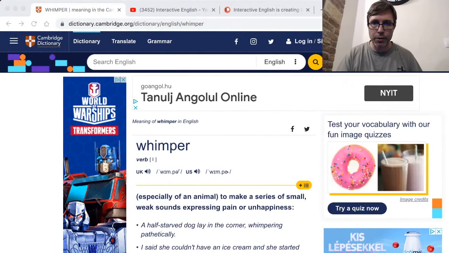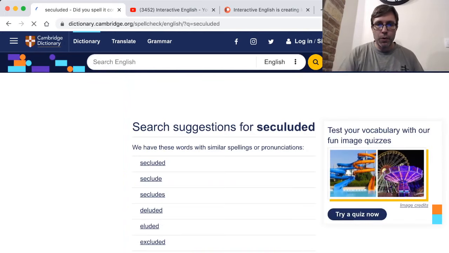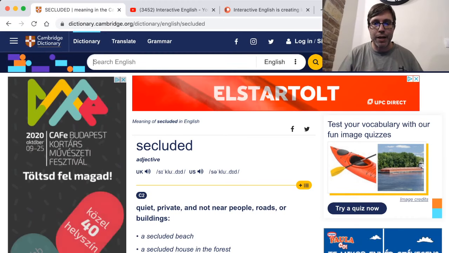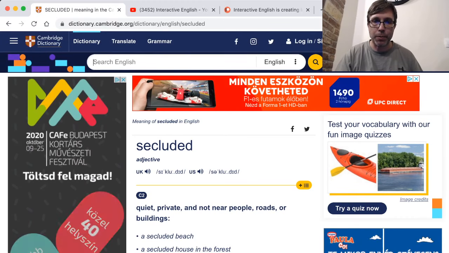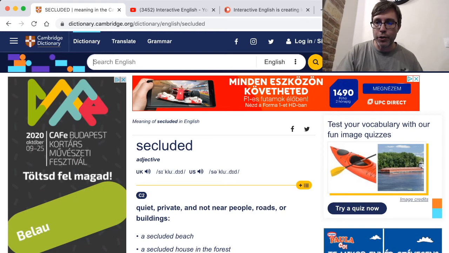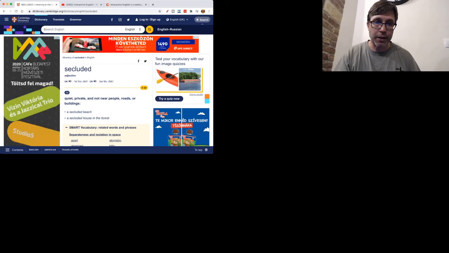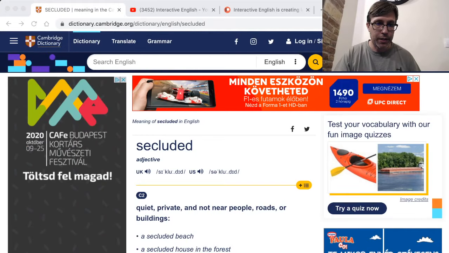But again, let's just go ahead and check secluded. Oops, I spelled it wrong. So yeah, they give us a very similar answer: quiet, private, and not many people around. So you could say a beach is secluded. That would be a good example of how this is used.